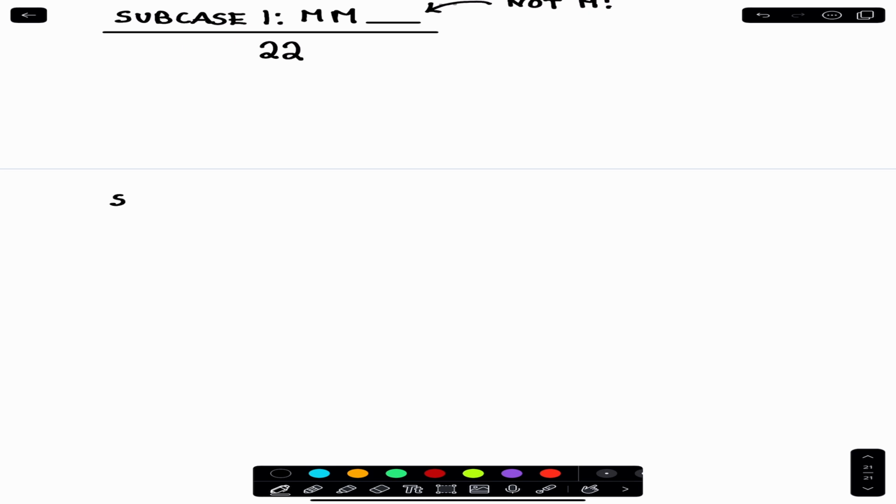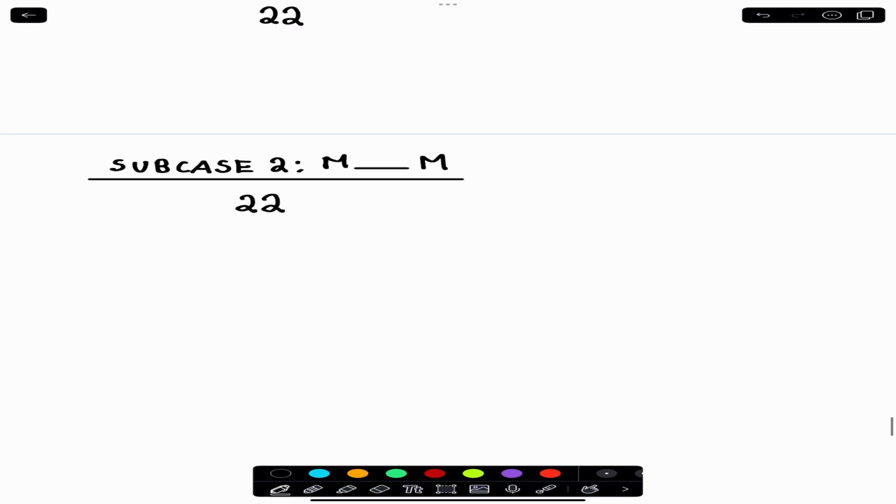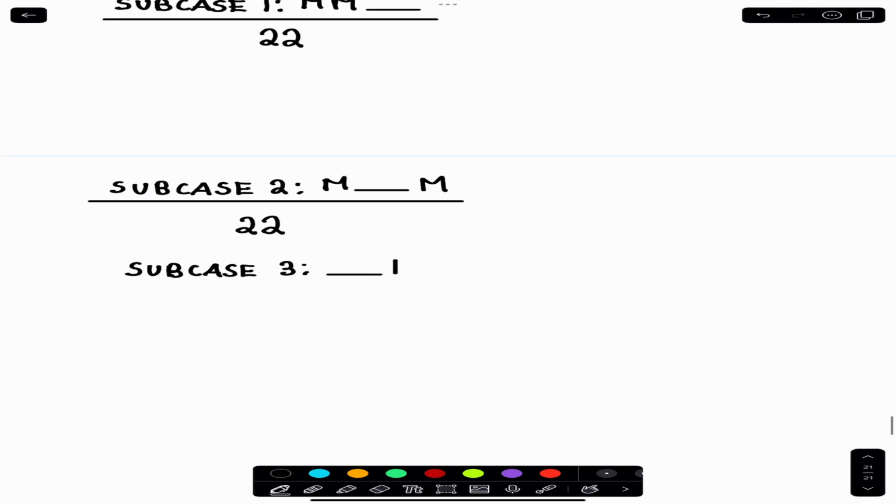Let's take advantage of the space. So, subcase 2 could look something like this. Now let's say the middle slot is empty. There are still 22 choices for that middle letter, anything besides an M. And finally, let's say this first slot is empty.